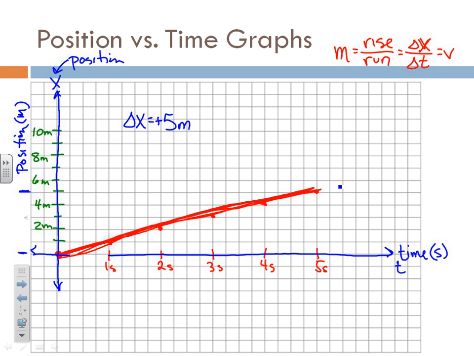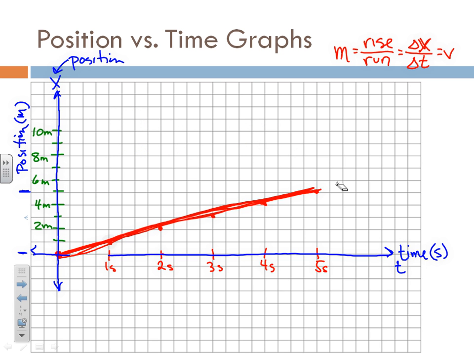And my time changes also by 5 seconds, so delta t is equal to 5 seconds. That means that our slope is 5 over 5, and that's just 1 meter per second in the positive direction. So this is what a positive velocity of 1 meter per second looks like on a position versus time graph.